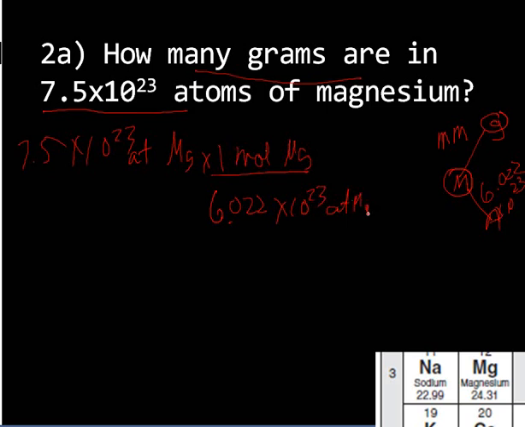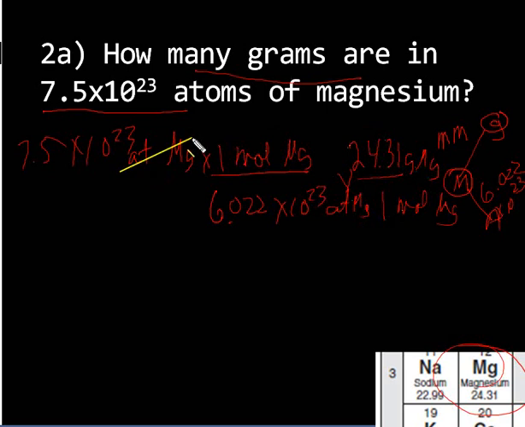This is still magnesium. But I'm not done yet. This will give me moles, and I want grams. So 1 mole of magnesium, I look it up in the periodic table, is 24.31 grams of magnesium.